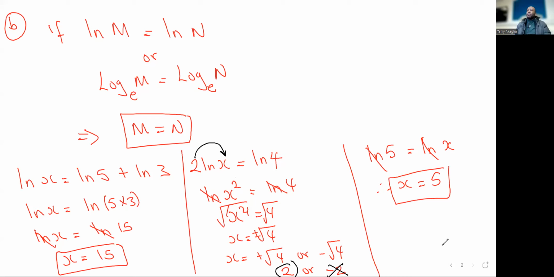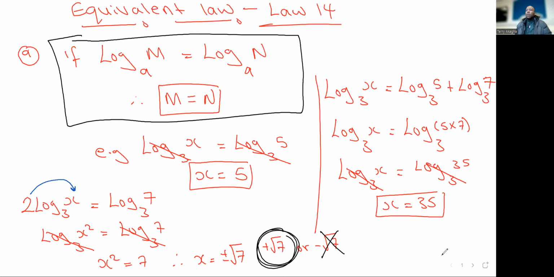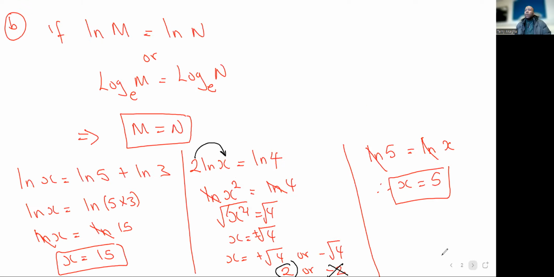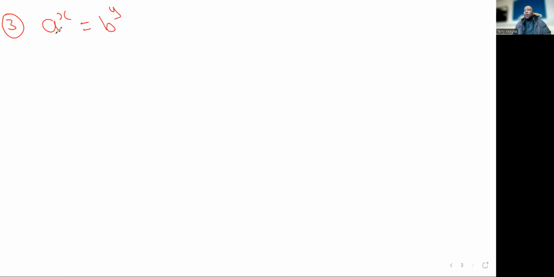All right, good. Now the third one we're going to talk about for equivalent law is that if a raised to the power x is equal to a raised to the power y, no, let's say it's equal to b raised to the power y. All right, now you can see, unlike the previous ones that we've been talking about before, here we're having different index now.